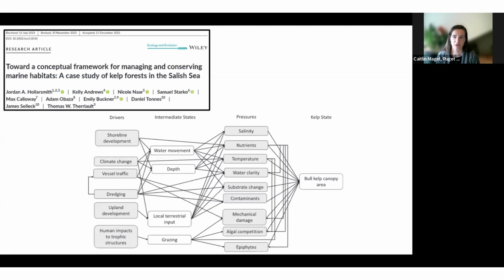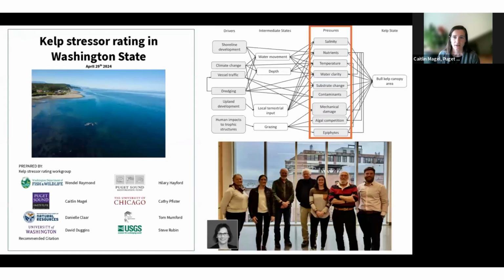Report to determine the level of support for each of the links shown here in their conceptual model, they did not produce the expert ratings of stressor characteristics that the Thom et al. Report had done. So one of the first outcomes of our project was to perform a similar rating exercise to the Thom et al. Paper for the kelp pressures.